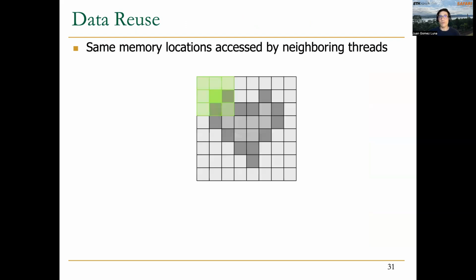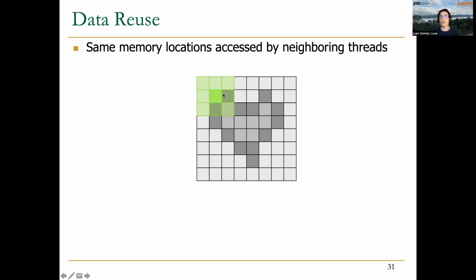For example, if we have to apply one filter to one image and we assign one pixel of the image to each thread in the GPU, when applying the filter, what we normally do is reading pixels that surround the specific pixel that we are focused on, and we do some calculation using these nearby pixels.